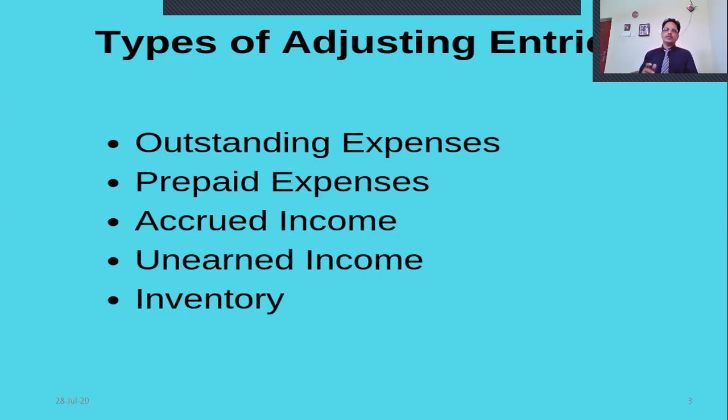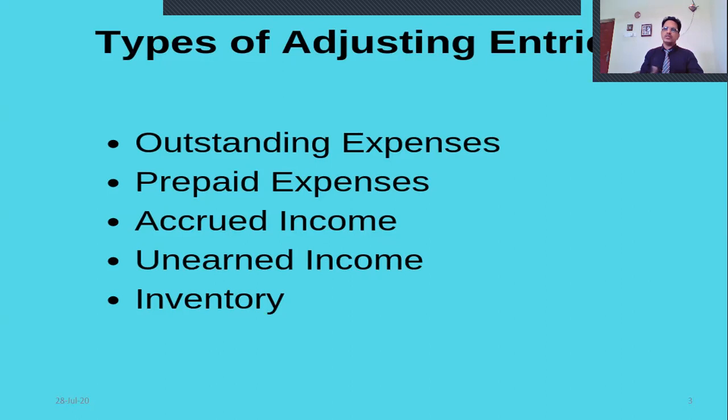Then it will help you to easily get the meaning of outstanding expense. Another adjustment is, all these five adjustments we will discuss, and then directly we will go to the MCQs. Before the MCQs you have to understand these five clearly, because many MCQ questions are related to these.